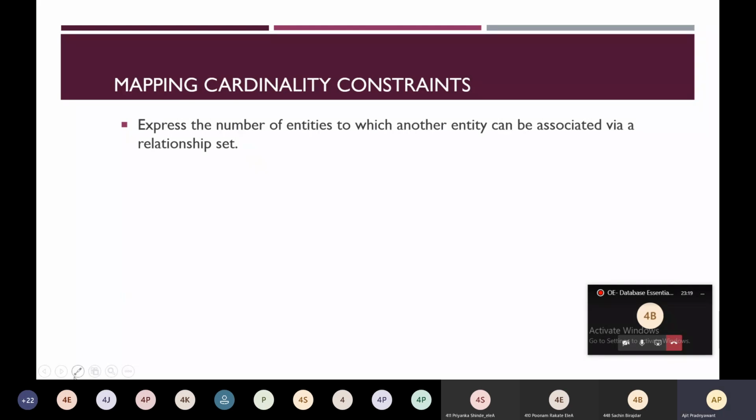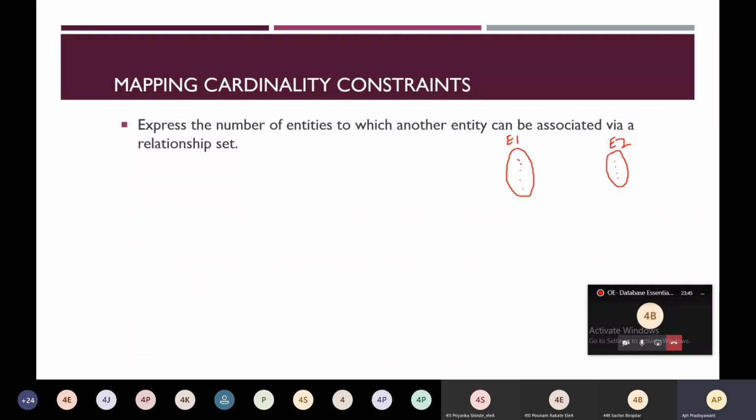Suppose these are the two sets. This is our entity set E1. This is our entity set E2. And these are the elements present in this entity, and these are the elements present in this entity.